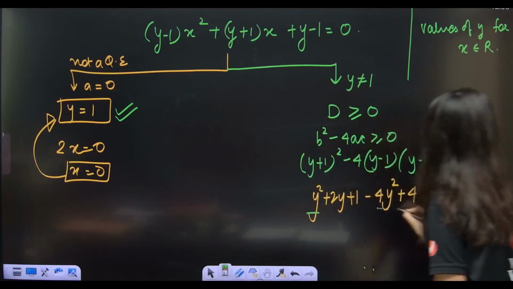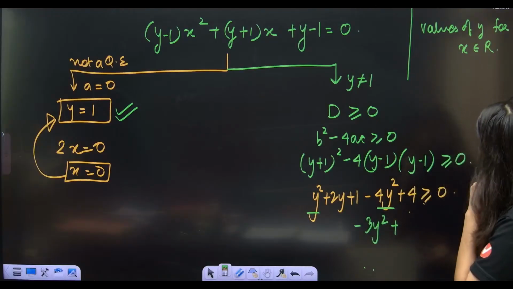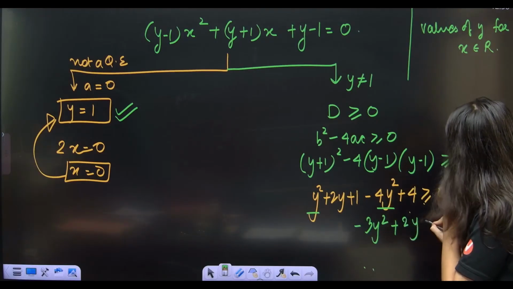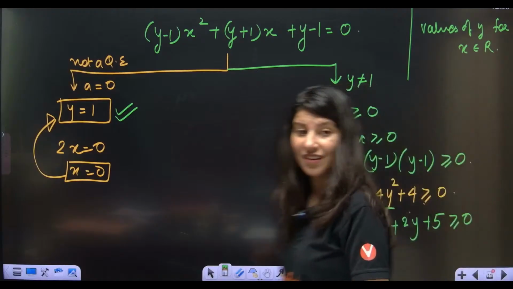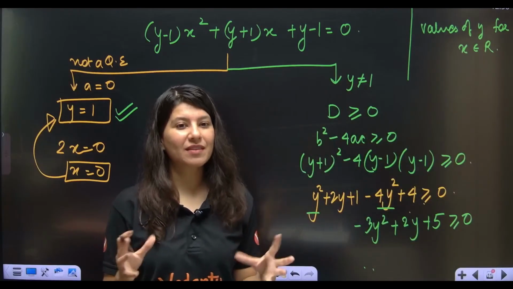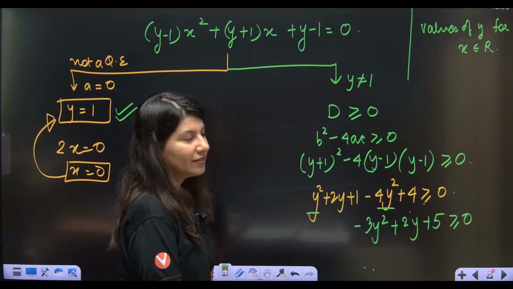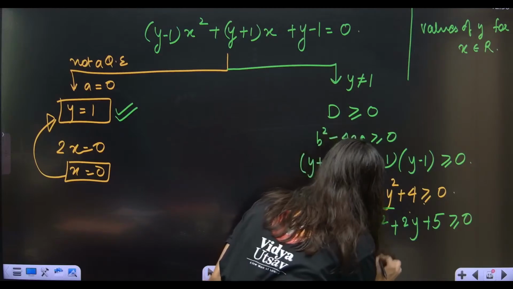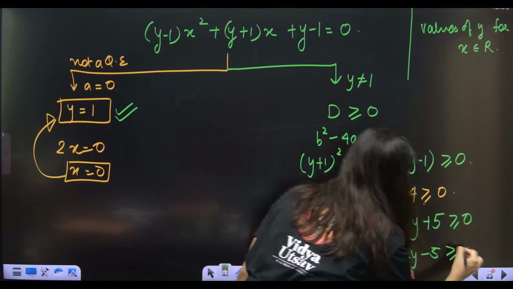So this is minus 3y square plus 2y plus 5 greater than or equal to 0. Remember, wavy curve method will come into the picture. So 3y square minus 2y minus 5 greater than or equal to 0.